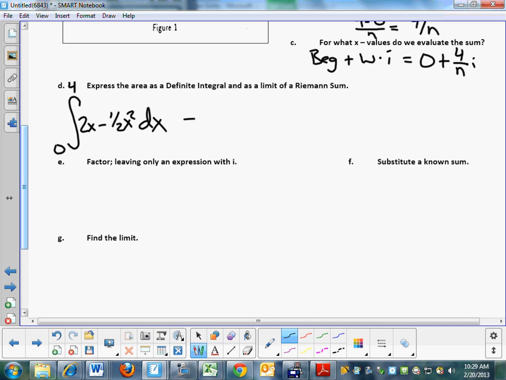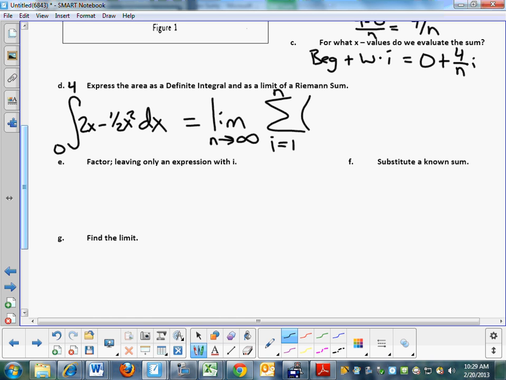Width equals the limit. Why am I going to infinity? That's how many rectangles. The sum. What's the first rectangle? 1 to how many? N. Of the function evaluated at our spot.